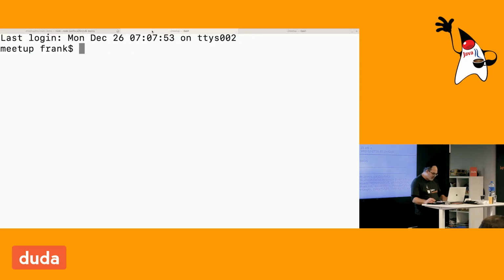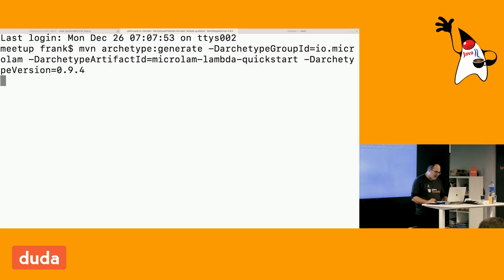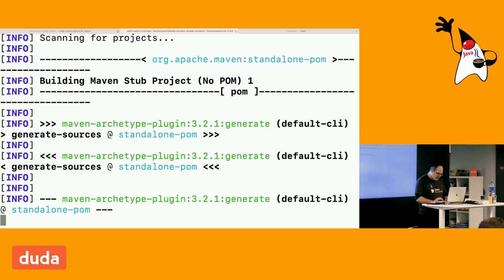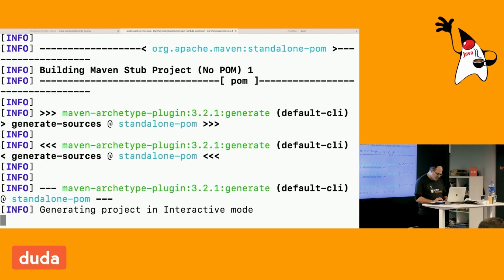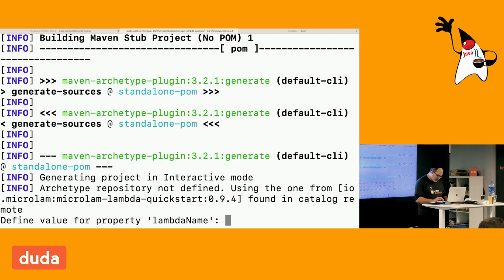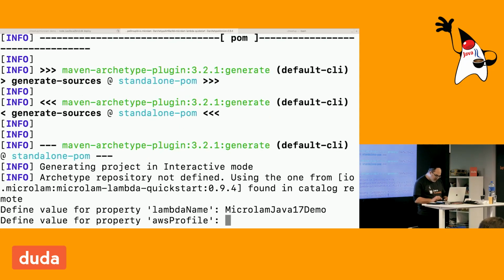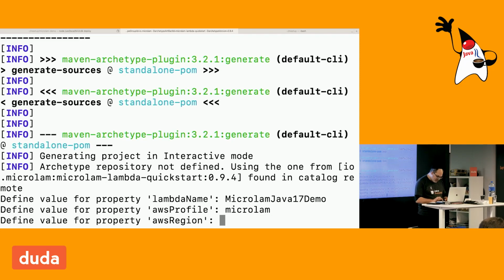Okay. So here, let's take the same archetype. So now the second one is the Java 17 with the Lambda layer. We will call it microlam Java 17 demo. Profile the same. Region.